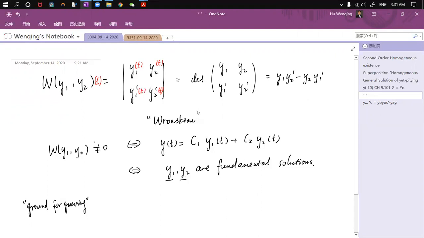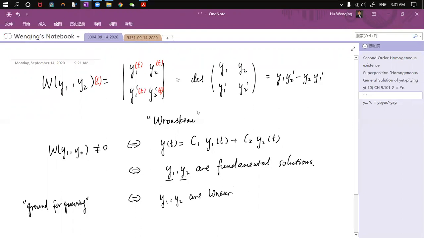So the Wronskian has to be non-zero. If that is the case, then the general solution is just a linear combination of the two fundamental solutions, and you can put in initial conditions, and everything will be safe because the Wronskian is non-zero. In that case there's another terminology: we say y1 and y2 are linearly independent.